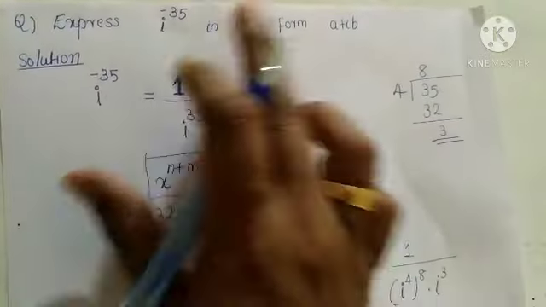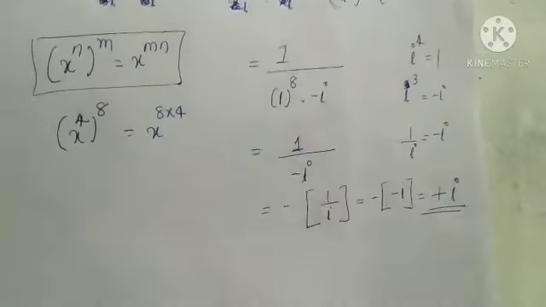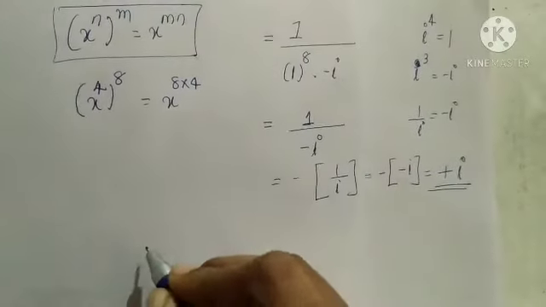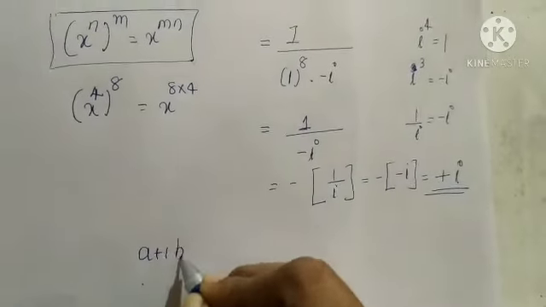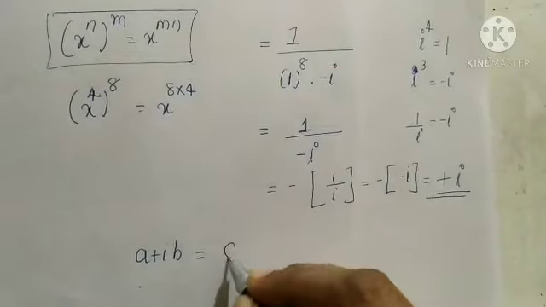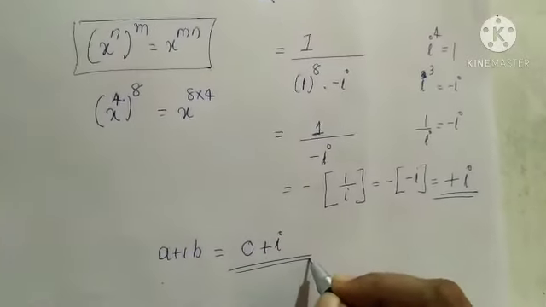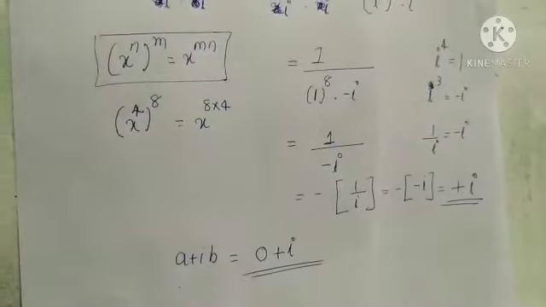I raised to minus 35 value is positive I, and we can write it in the form of a plus ib. So here real part is 0 and imaginary part is I. So this is in the form of a plus ib. Okay, I hope you understood.